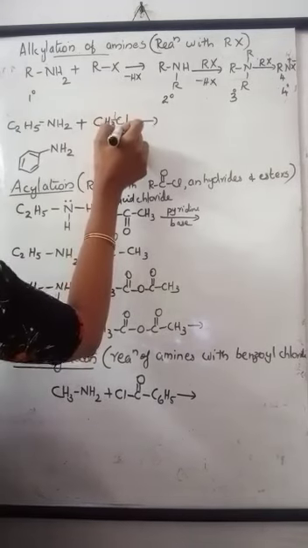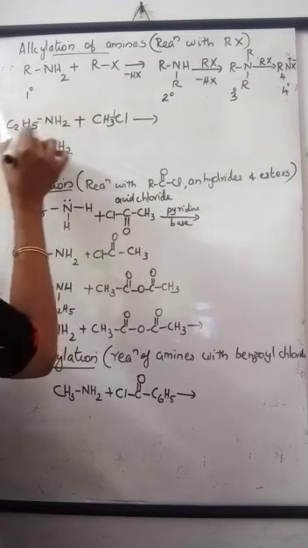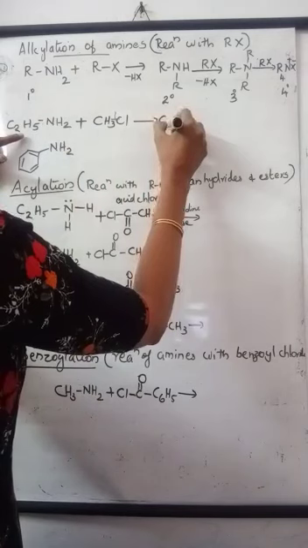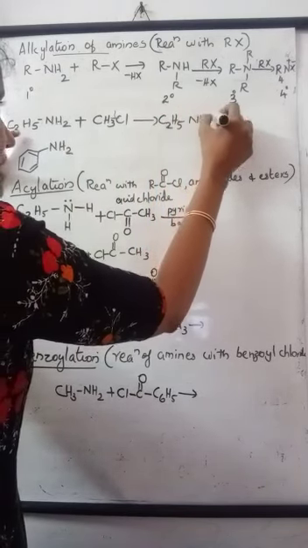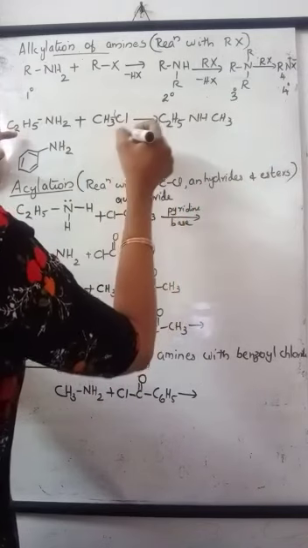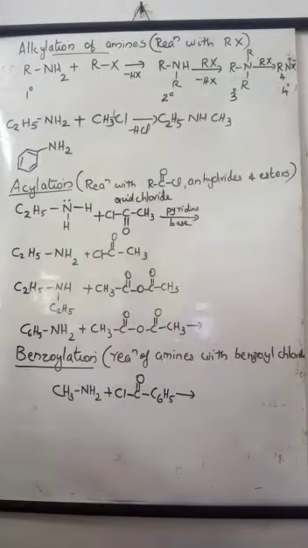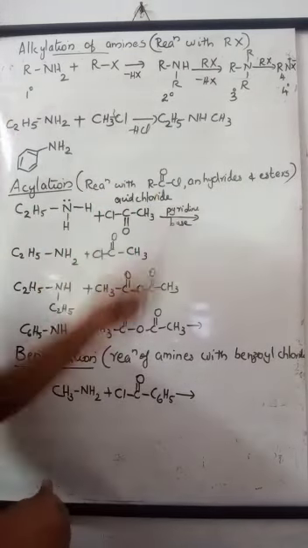This halogen atom of the alkyl halide is substituted by this C2H5NH nucleophile. Anyway, the product will be C2H5NHCH3 plus HCl. HCl will be eliminated. That is N-methylethaneamine can be prepared, a secondary amine.